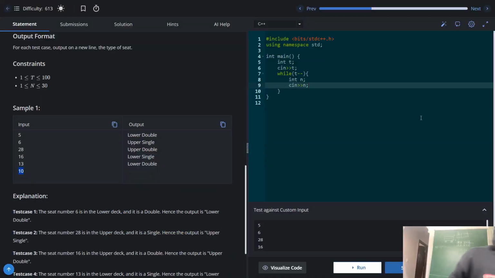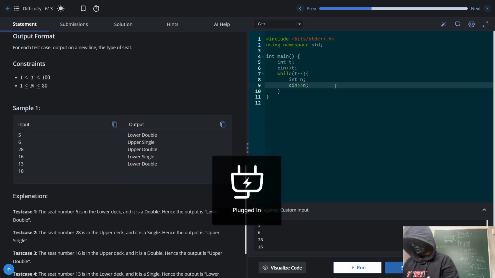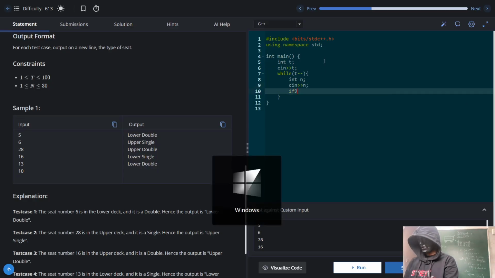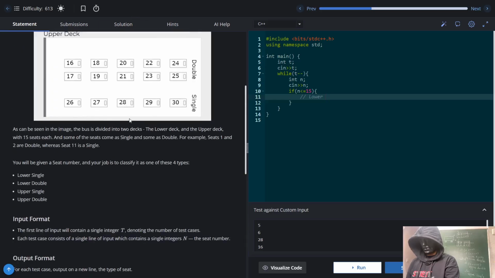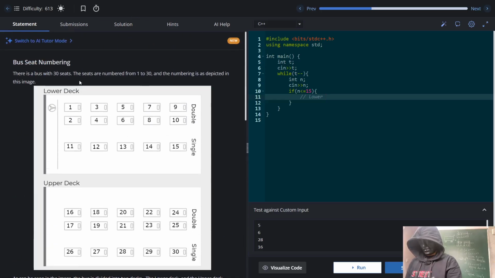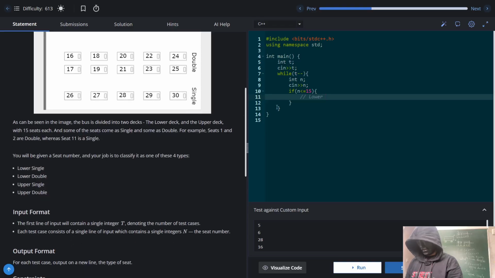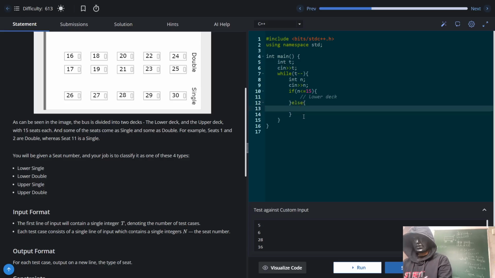Just give me a second. So n we have taken. Now we'll have to compare if n is lesser than or equal to 15, which means it is in the lower deck. Else n is from 16, so it will be in the upper deck.